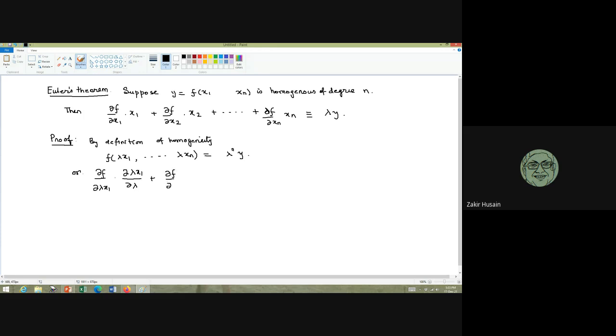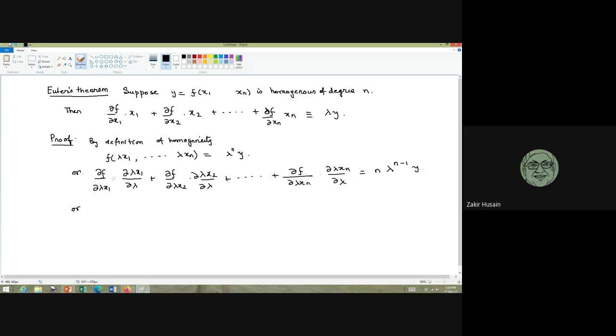Similarly, for every term, we have, and the last term is lambda xn. When we differentiate this, this will be lambda to the n minus 1 into y, right?